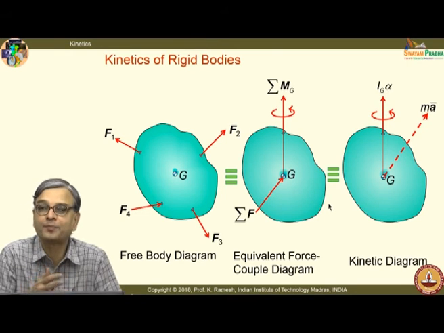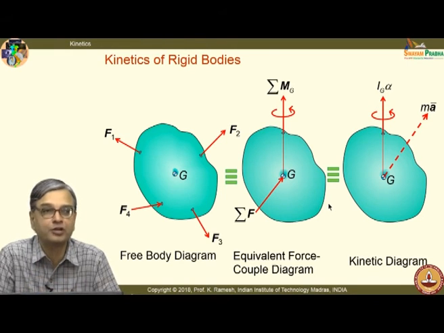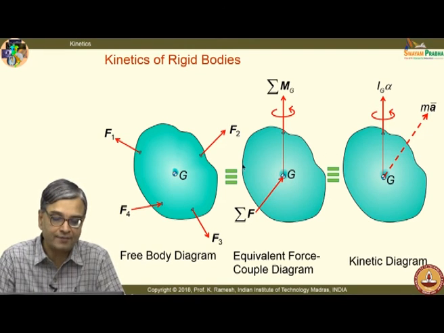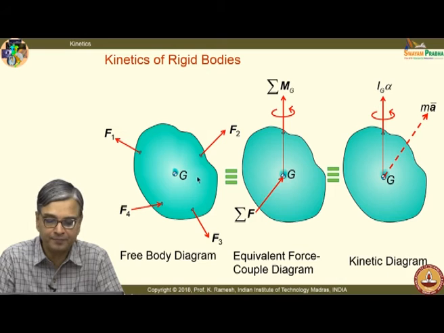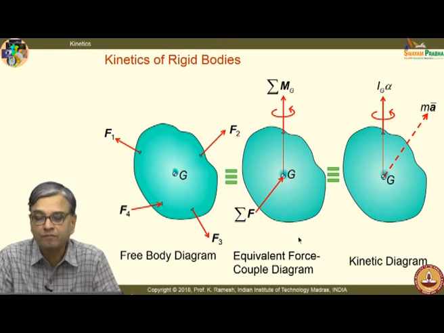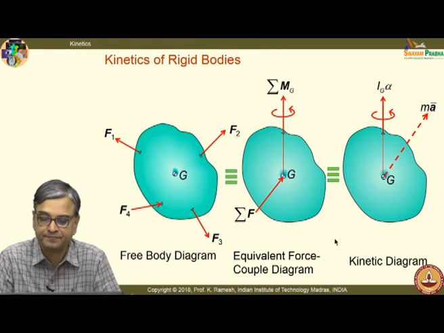Use those quantities appropriately in doing the computations. So, I have a basic free body diagram which could be reduced to a simpler representation of equivalent force couple diagram, which can also be viewed as a translation and a rotation, all with respect to the mass point g.